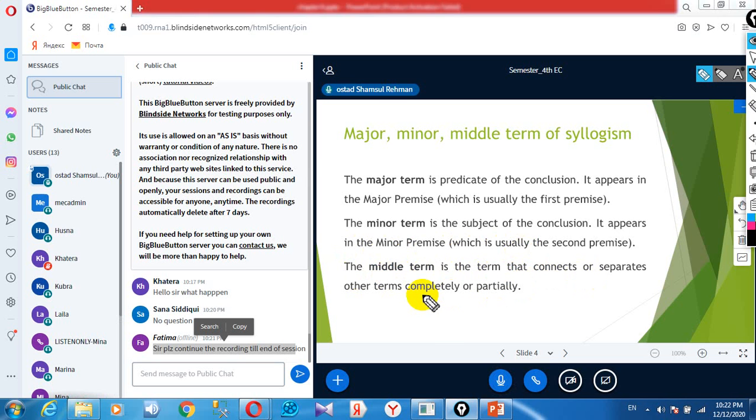The middle term is the term that connects the other terms.